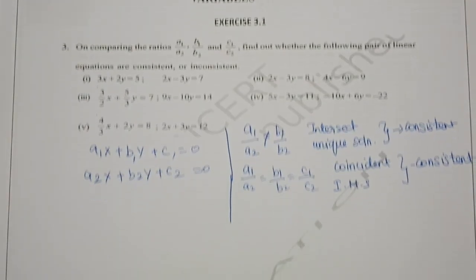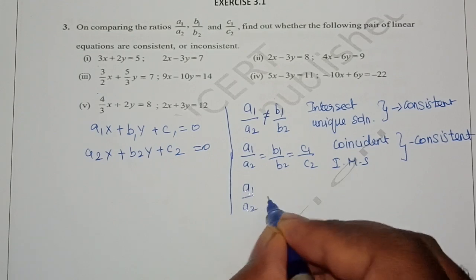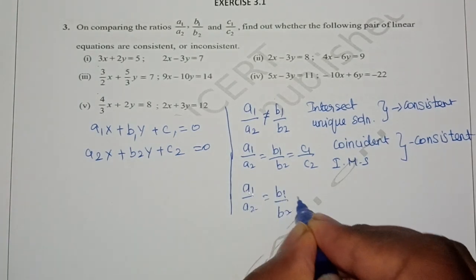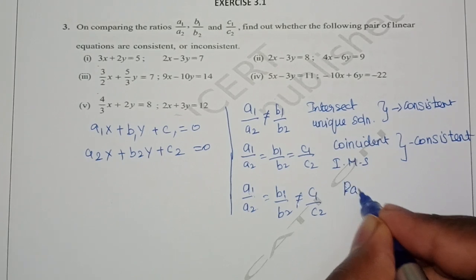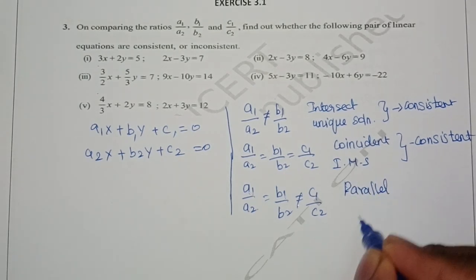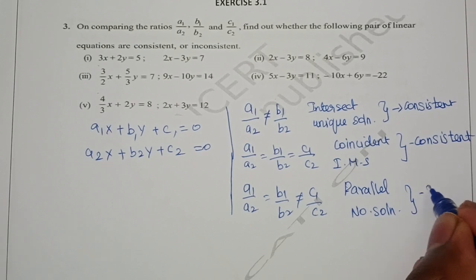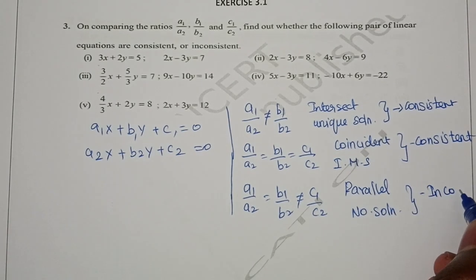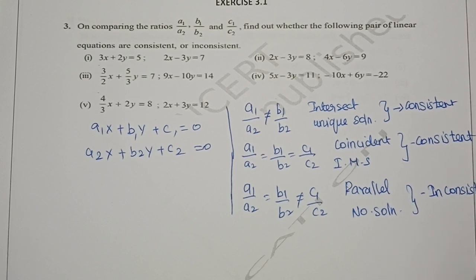The last condition is for no solution and parallel lines: a1 by a2 is equal to b1 by b2 but not equal to c1 by c2, which means they are parallel and have no solution. Therefore, this is the only condition which is inconsistent.